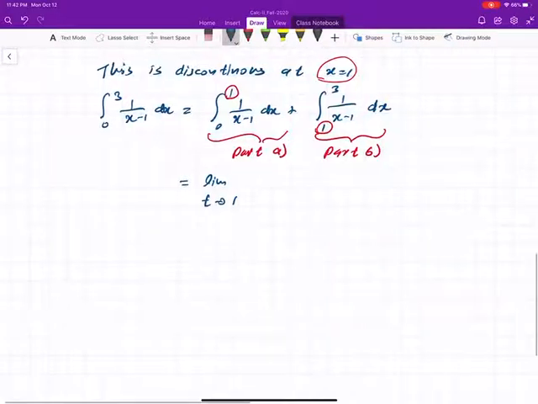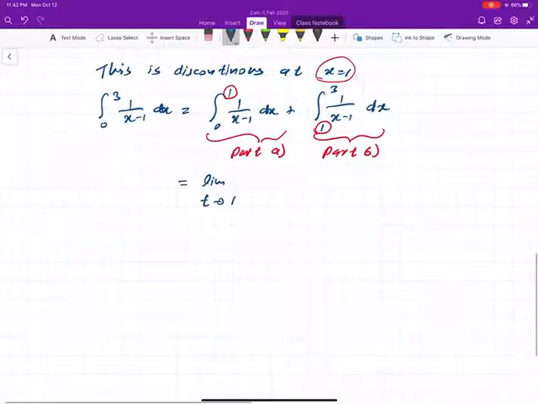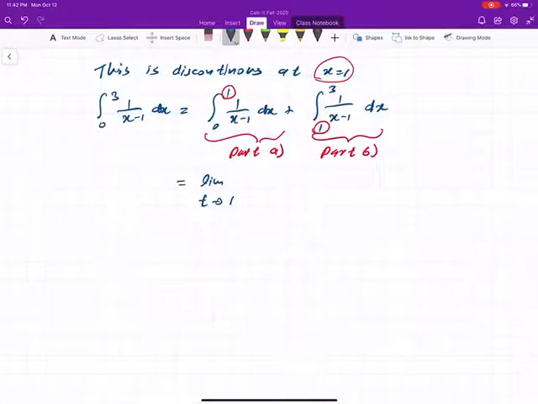I will explain it somewhere here, maybe using the green color. Here you have 0, here you have 1, that's the number line. It is discontinuous at 1, so you are reaching to 1 from the negative side. Okay, so then this should be negative.